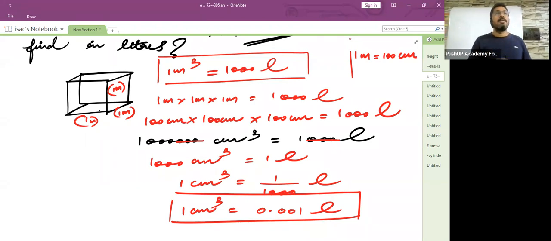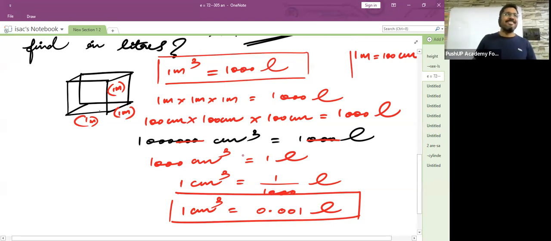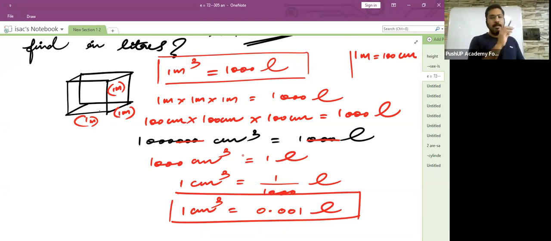Okay, you look at me. 1 meter cube is equal to how many liters? 1,000 liters. And 1 centimeter cube is equal to 1 by 1,000 liters, which is equal to the decimal value. Very good. Children, please go home and read over the derivation of this.